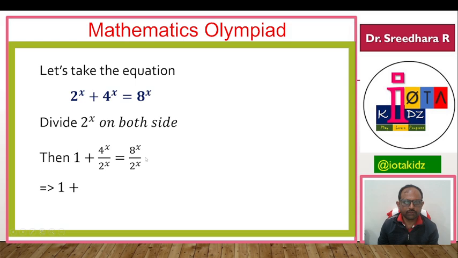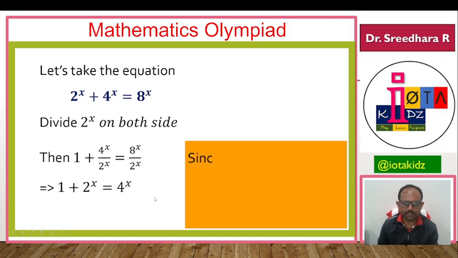ಸೊ ಈಗ ನಾವು which implies ನಾವೇನಂತ ಬರ್ಕೋಬಹುದು, ಇಲ್ಲಿ 1 plus 4 to the power of x divided by 2 to the power of x is 2 to the power of x and 8 to the power of x divided by 2 to the power of x is 4 to the power of x. ಹೇಗೆ ಅಂತಂದರೆ ಇಲ್ಲೊಂದು ಎಕ್ಸ್ಪೋನೆನ್ಷಿಯಲ್ ಪ್ರಾಪರ್ಟಿನ ನಾವು ಯೂಸ್ ಮಾಡಿದ್ವಿ. ಇಲ್ಲಿ ನೋಡ್ಬೋದು ದ ಪ್ರಾಪರ್ಟಿ, we can write a to the power of x divided by b to the power of x as a divided by b whole to the power of x.